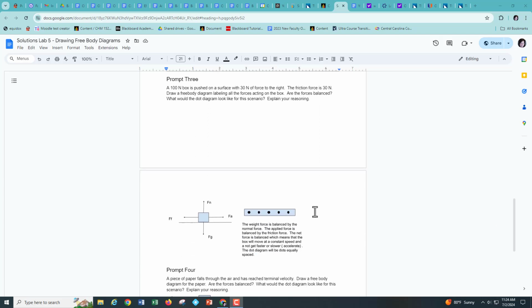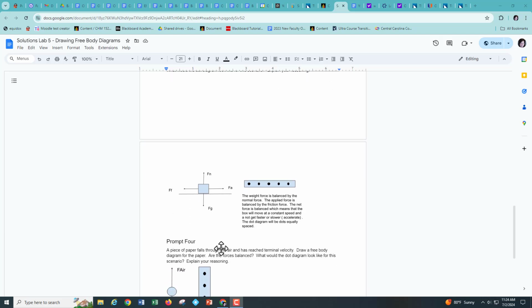In prompt 3, you're pushing a box, and I'm telling you that the pushing force is 30 newtons and the friction force is 30 newtons. So anytime a box is on a surface, it has weight, and the weight is being balanced by a normal force.